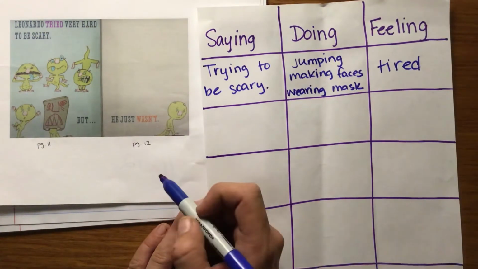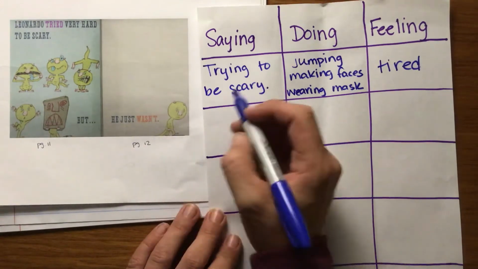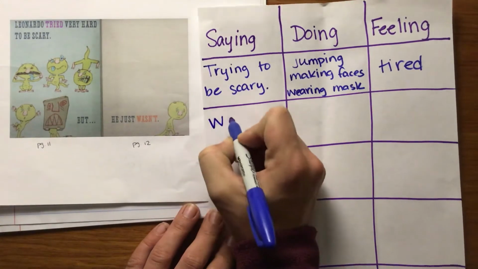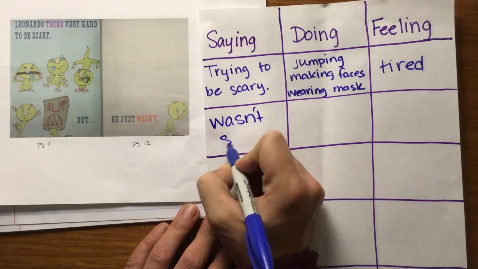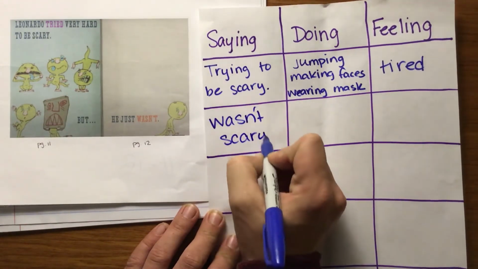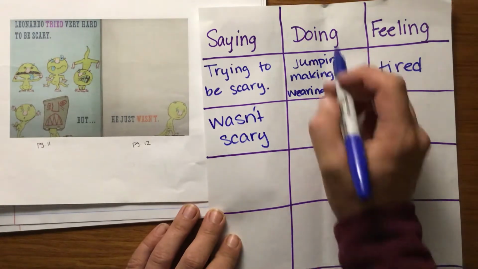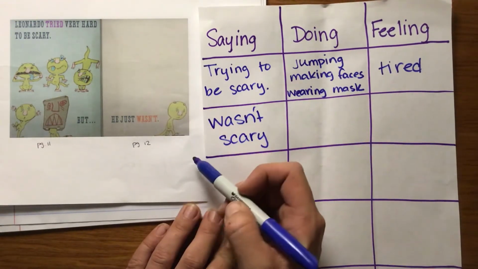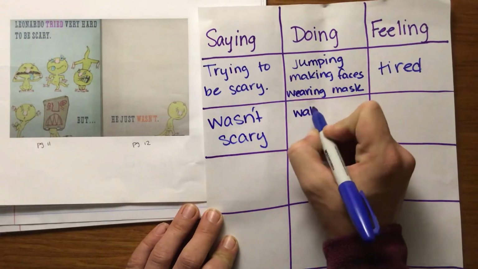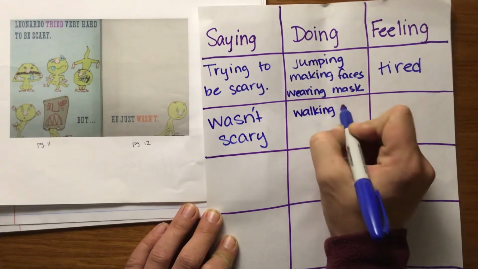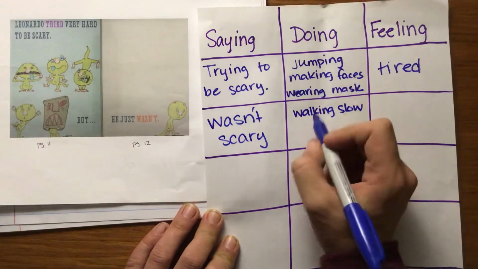Next, on page 12, he's saying that he just wasn't. So he just wasn't scary. He's doing his mope. He looks like he's walking slow. He's frowning.